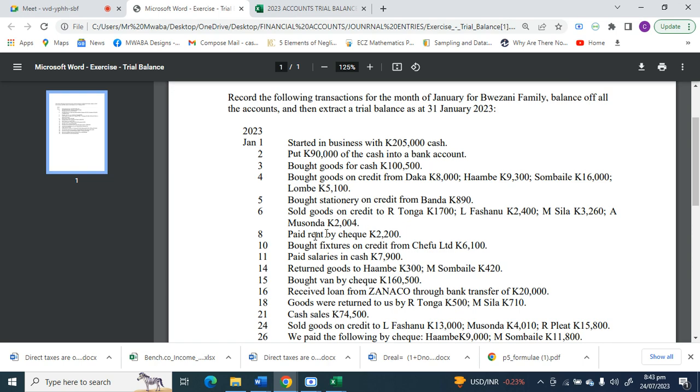So you debit rent expense 2,200 and you credit bank 2,200. Bank is an asset account. Reduction in an asset, you credit. Rent is an expense. Whenever you incur an expense, you debit.